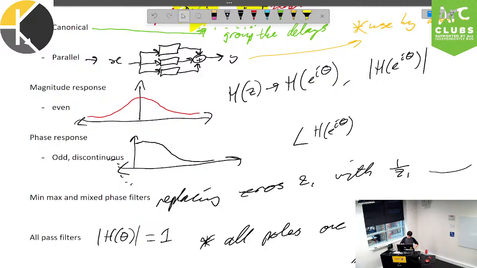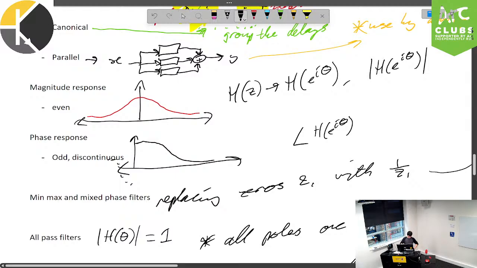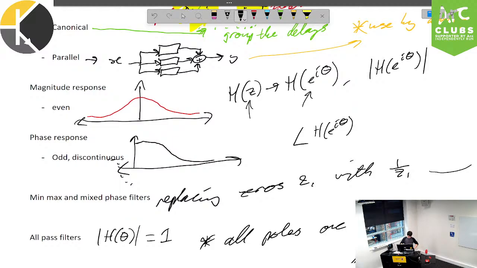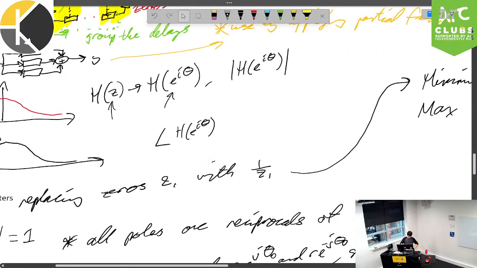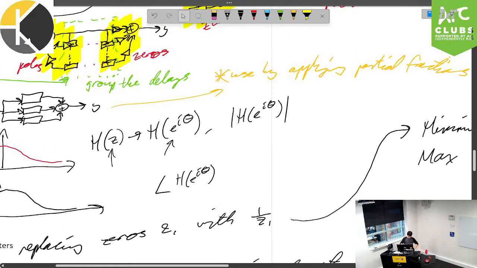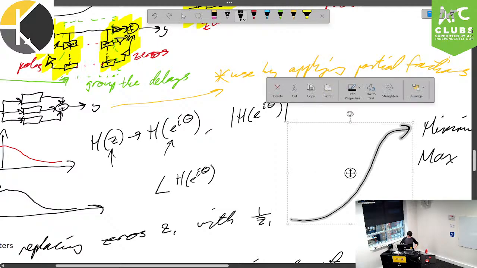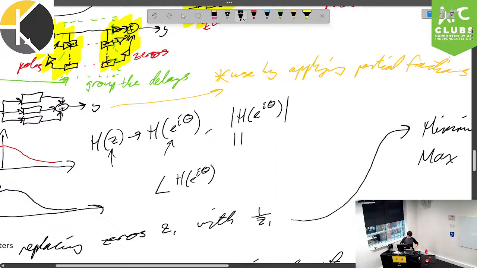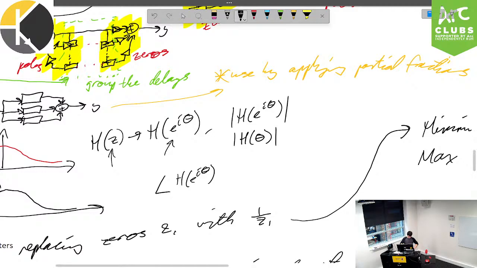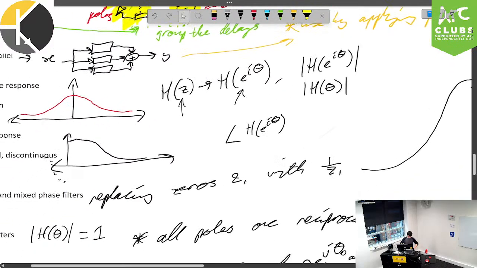We note it in different ways, and it is very important to recognize that we are just taking our function within the z domain, replacing z with the unit circle, so e to the i theta, and then observing that rotate. Okay, and so the notation of H of theta is really just replacing z with e to the i theta. Yeah.